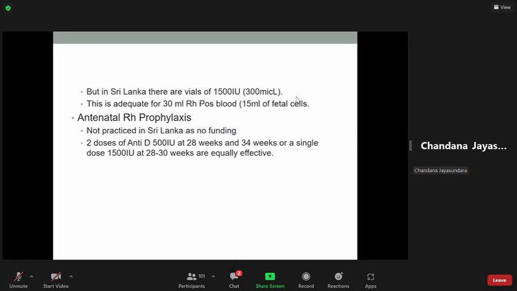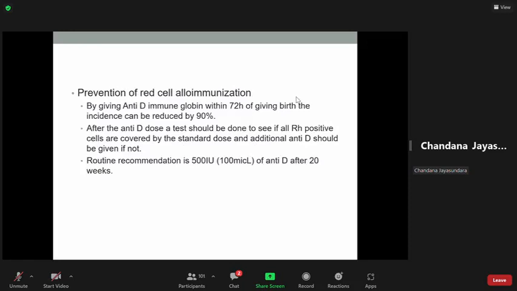Normally, once we give the anti-D dose, we normally give 500 international units. Once you give this dose, it will bind to the fetal blood cells and destroy them.